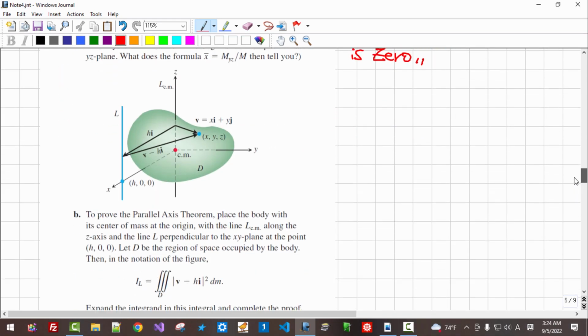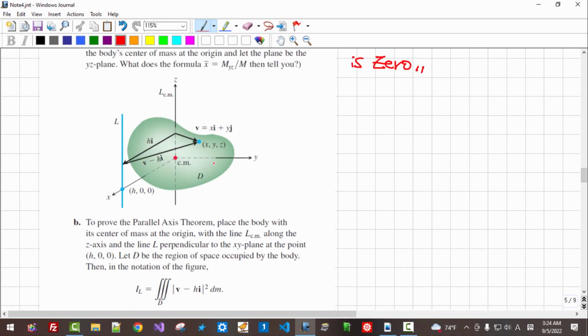Now the remaining part is rather simple. To prove the parallel axis theorem, place the body with its center of mass at the origin. So the center of mass is at the origin.